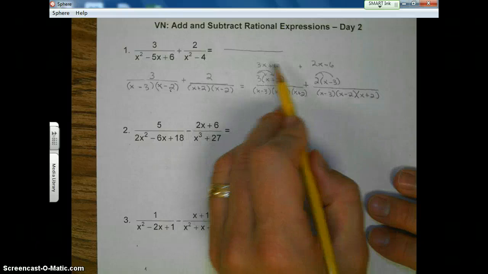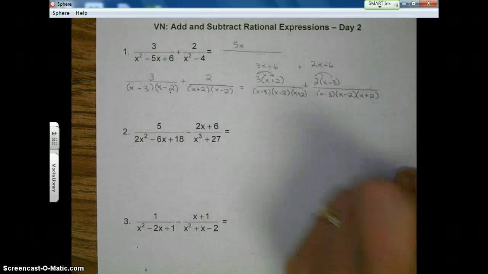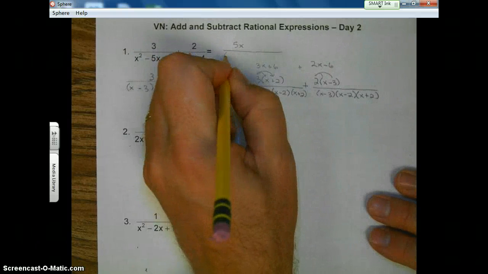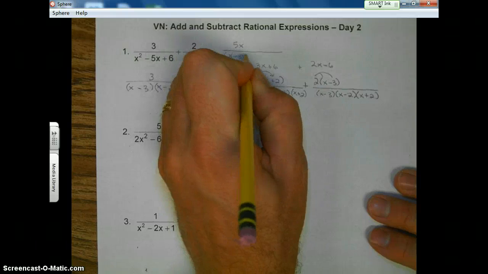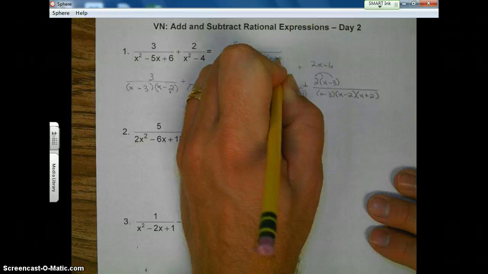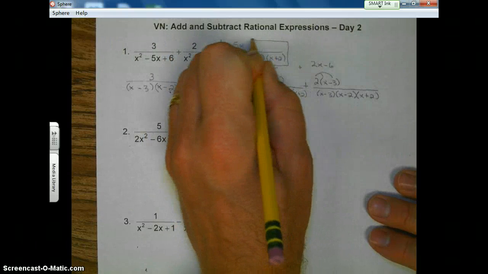Combine like terms, 3x plus 2x. 6 plus -6 is 0. And that's going to be over our common denominator. And we're done. No simplifying to be done here.